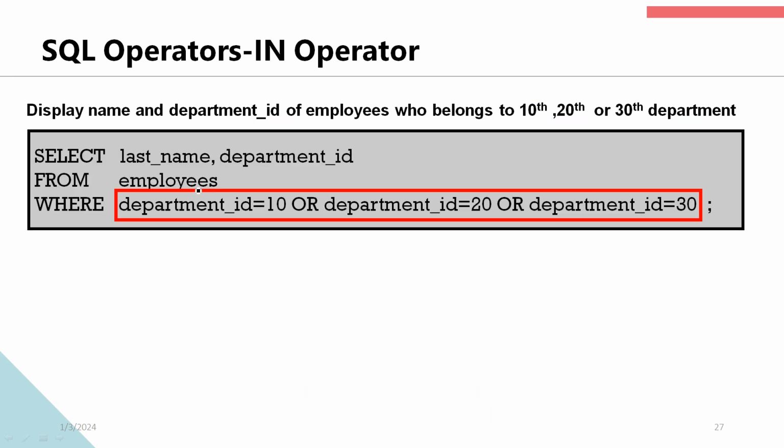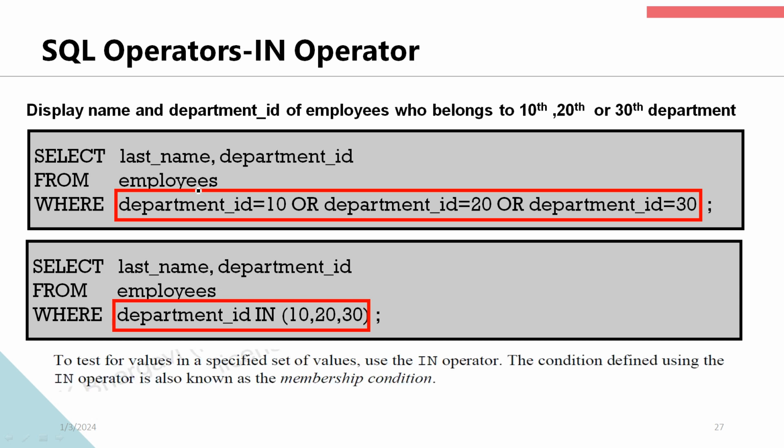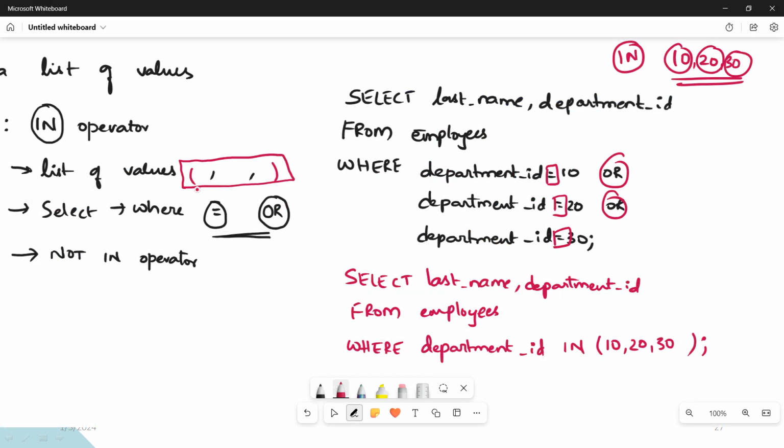This is the one where you are using a comparison operator in combination with a logical operator, and this is how you can replace the comparison and logical operators with the in operator. You can see how much the length of the query got reduced. As I just told you, the in operator is basically used to test for a list of values, checking whether this department number is in 10 or in 20 or in 30.